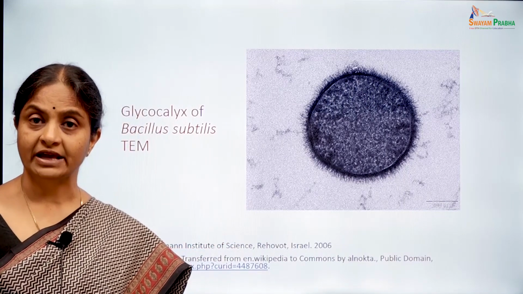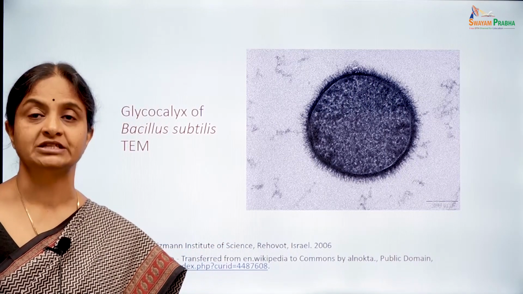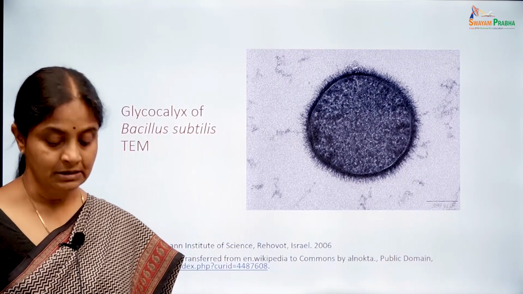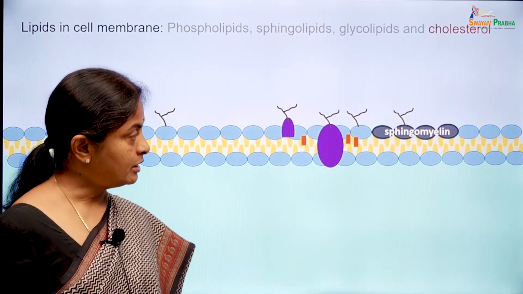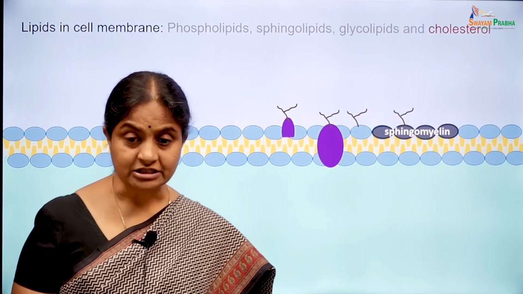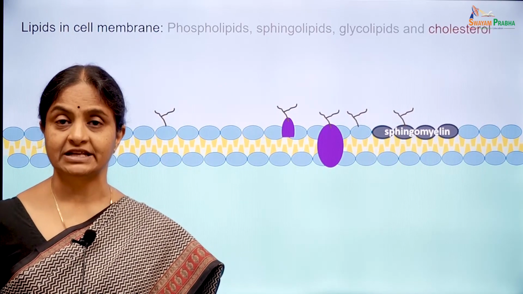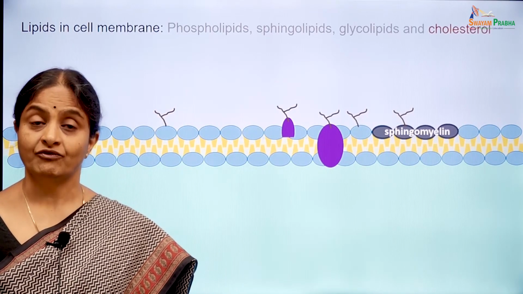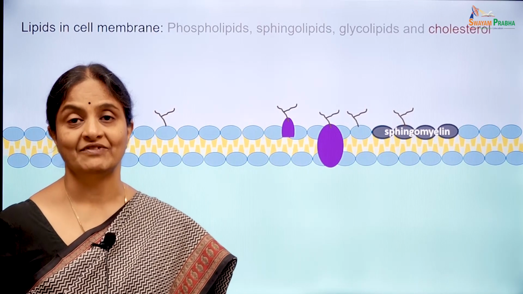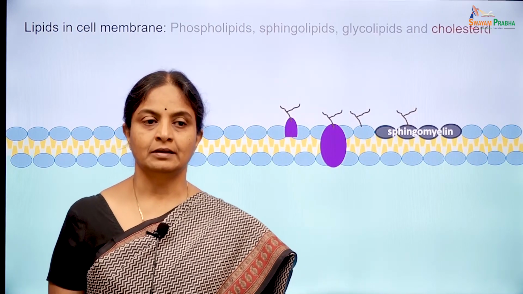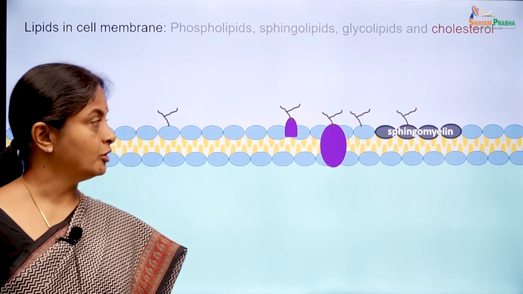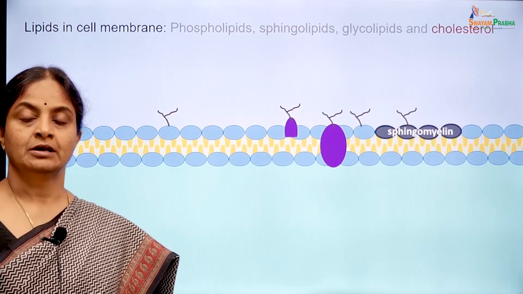The role of the glycocalyx in eukaryotic cells, we are just beginning to understand. It probably is important for cell identity, for a cell to be recognized as a self-antigen. Let us now move on to cholesterol in the cell membrane.